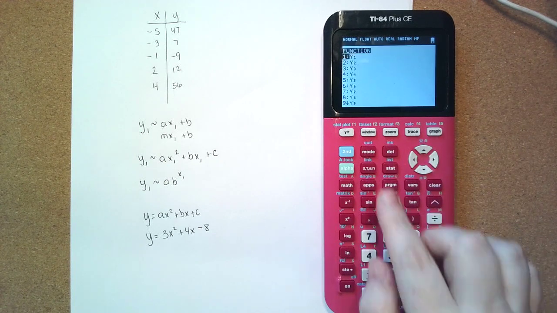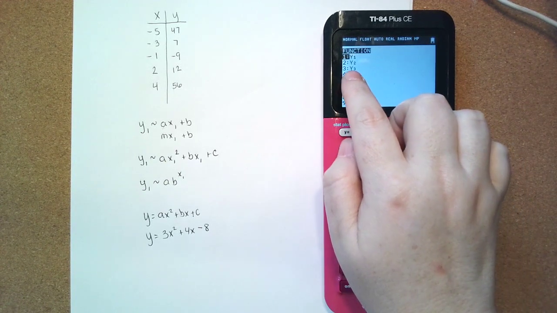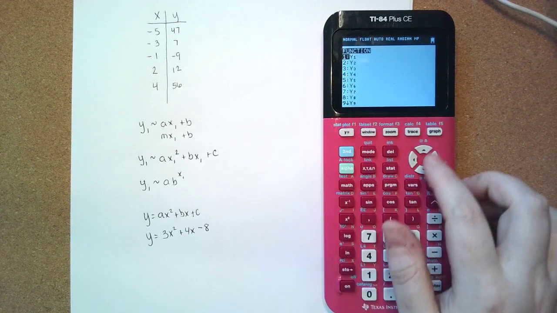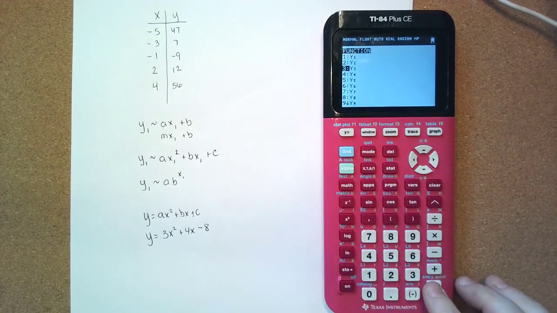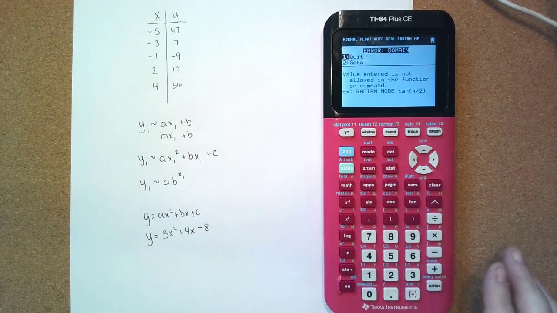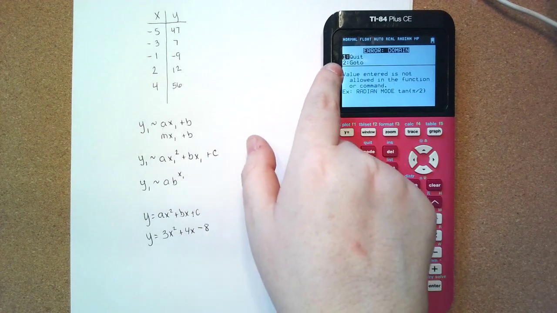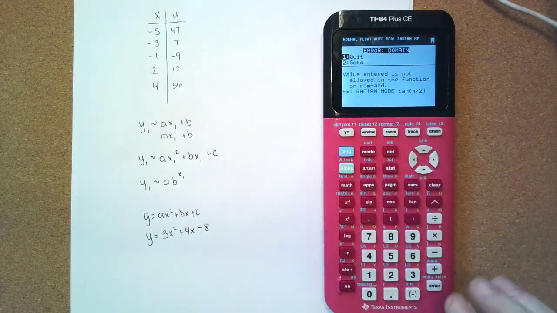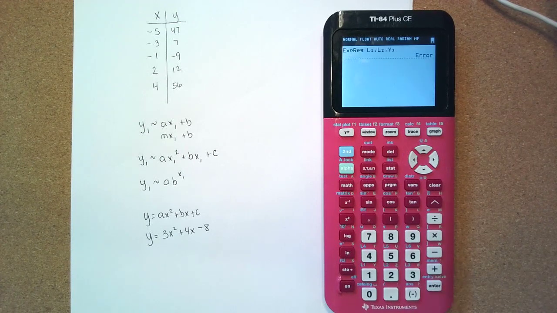It is a function, but this time again I want to change it to y sub 3, because I have quadratic, then I have linear, and then I'm going to have my exponential. So I'm going to put in y sub 3. I'm going to press calculate, and it would not be an exponential because the data points don't match that, and that's fine. So we know that it cannot be exponential. So I'll just quit that.